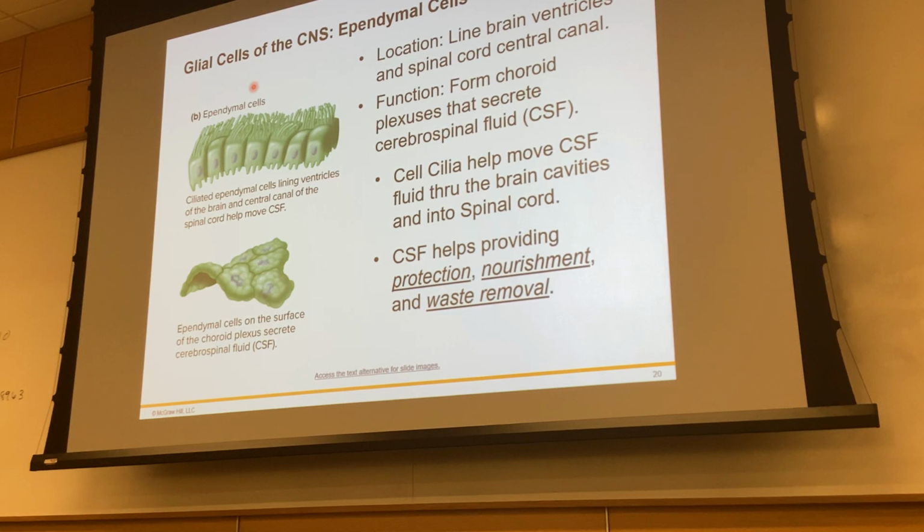Another of the neuroglial cells, or glial cells, are called ependymal cells. It's a weird word to say. Ependymal cells are found in spaces in the brain and the spinal cord. We haven't talked about what those are yet, but a space in the spinal cord is called the central canal. The ependymal cells also line spaces in the brain called ventricles.